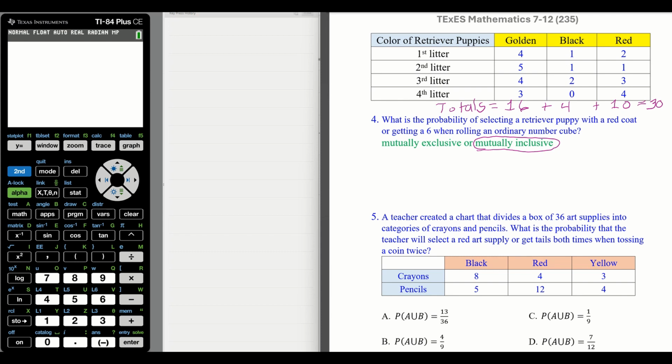We need one event for a puppy. The first event is going to be 10 little red-headed puppies out of the 30. Then we will add that to the event of getting a 6 on a number cube. Well, ordinary number cube, that would be 1 out of 6.